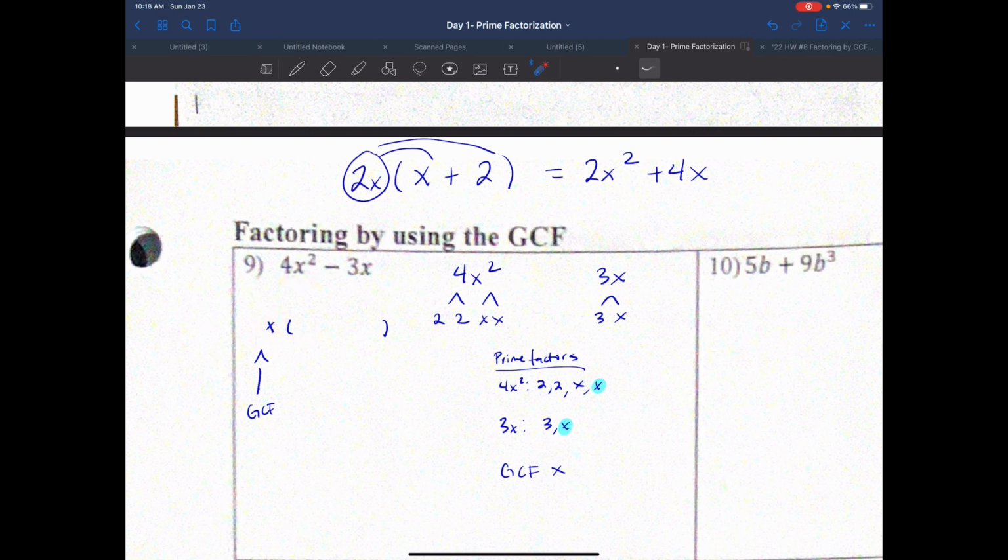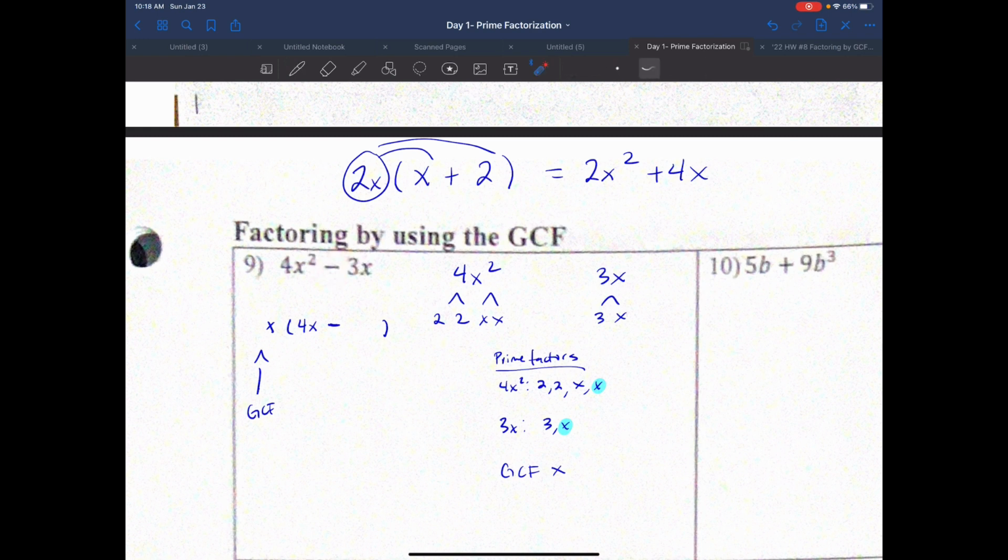From our factors, this is the x that we took, and we have 2 times 2 times x, which is exactly what I'm going to use. Whatever I didn't use here, I'm going to put over here. So 2 times x is 4x. And then I have that minus sign, so I'm going to put that minus sign there.